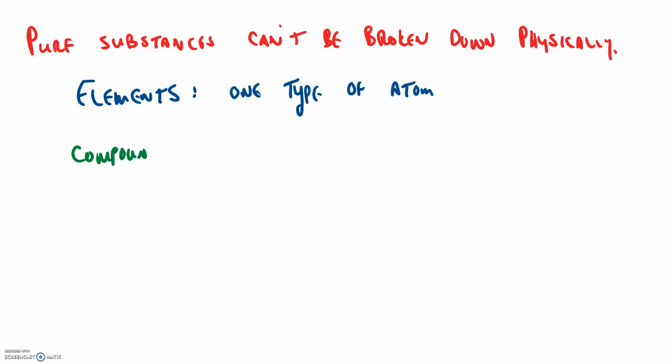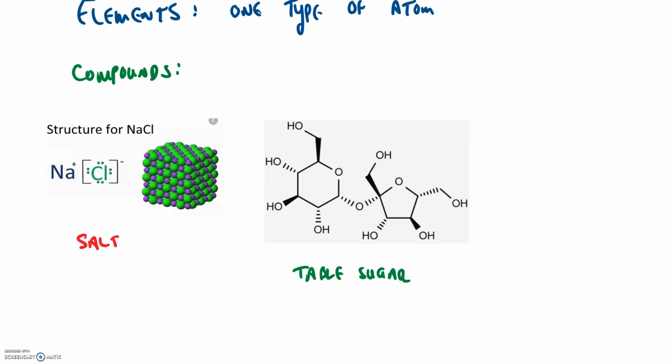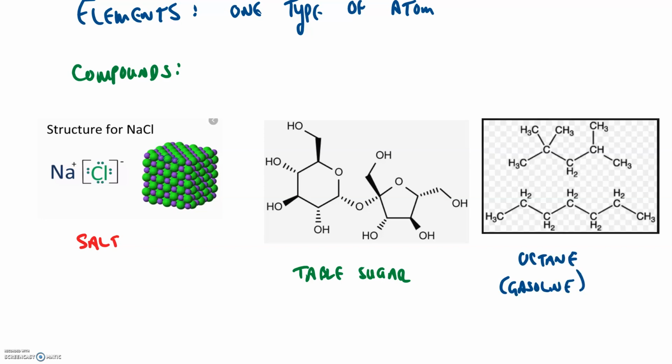Compounds, well, these have distinct formulas, like our buddy salt, or table sugar, otherwise known as sucrose, or octane, which is the chemical formula for gasoline, which is how you all get around unless you're riding your horse or driving your Tesla.